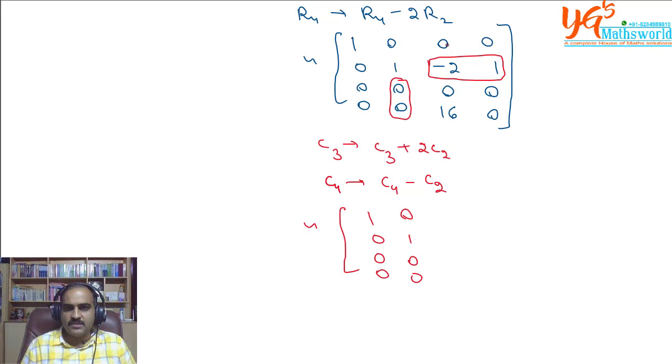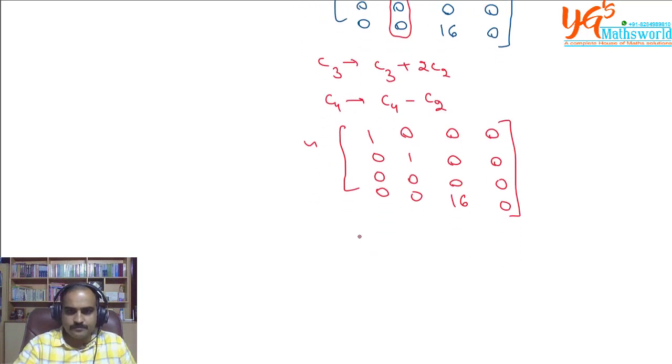So now C3 plus 2 times 0 plus 0, that will be 0, minus 2 plus 2, 0, 0 plus 0, 0, 16 plus 0, 16, 0 will remain as it is, 1 minus 1, 0, it will be 0.